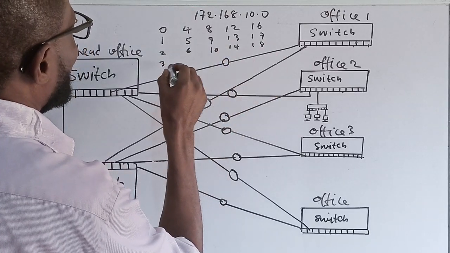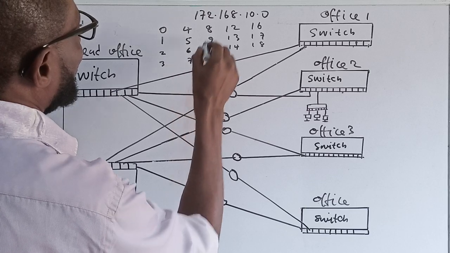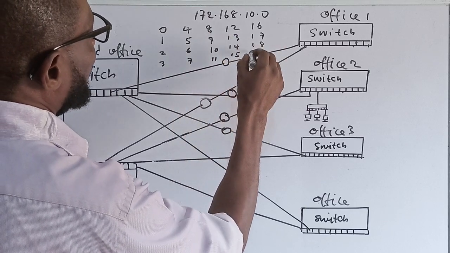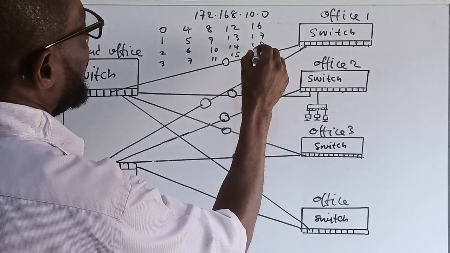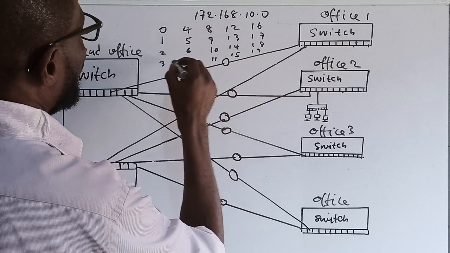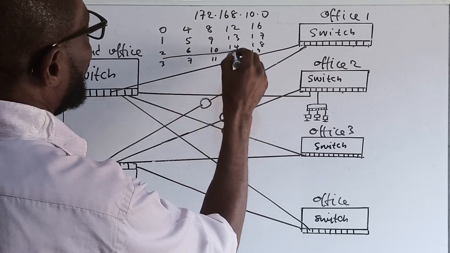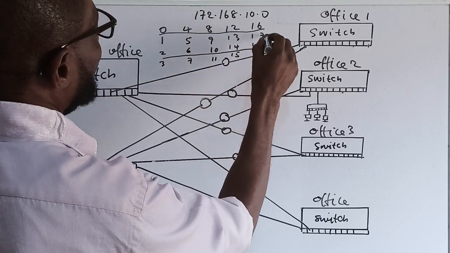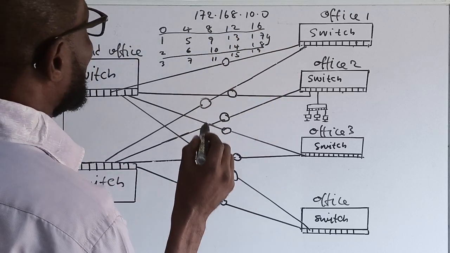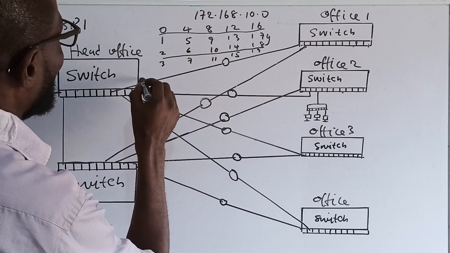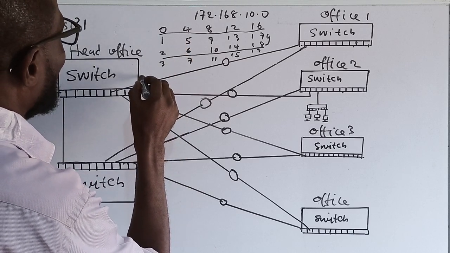Now this is 3, this is 7, this is 11, this is 15, this is 19. These are broadcasts, these are network addresses. Between them are the valid IP addresses. So all you need to do, like this one here, you put 1 here.